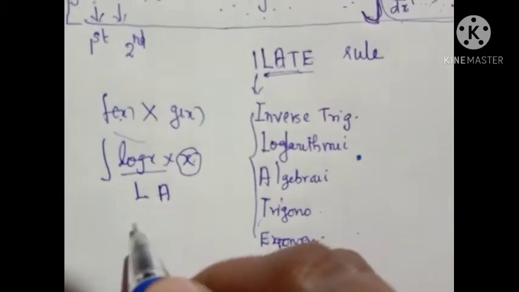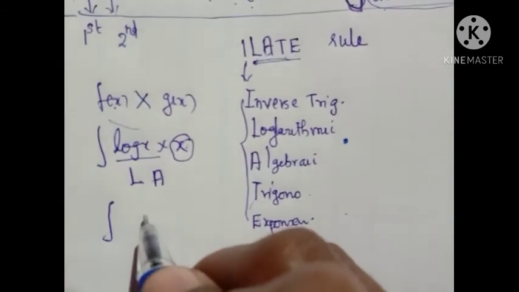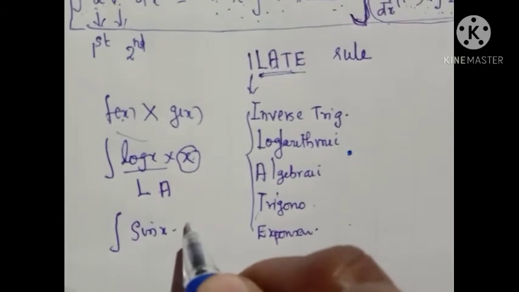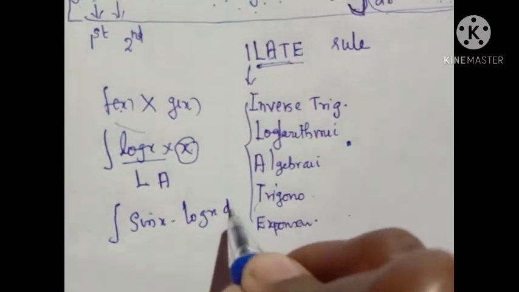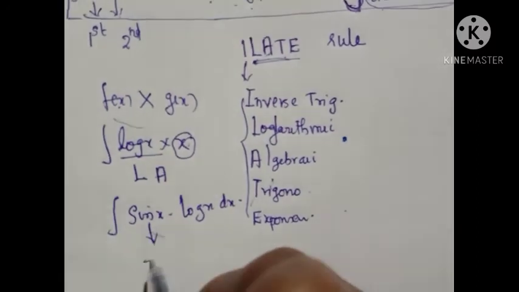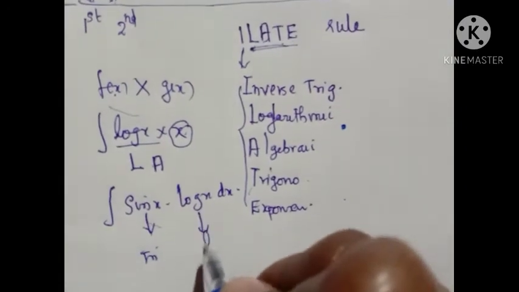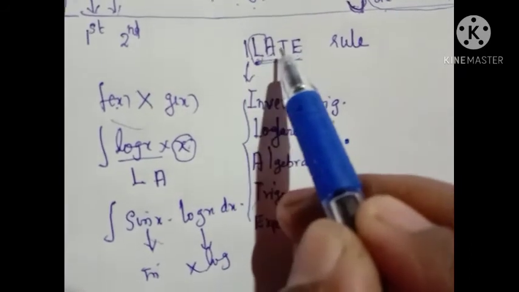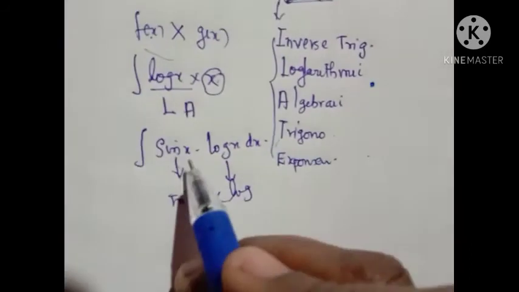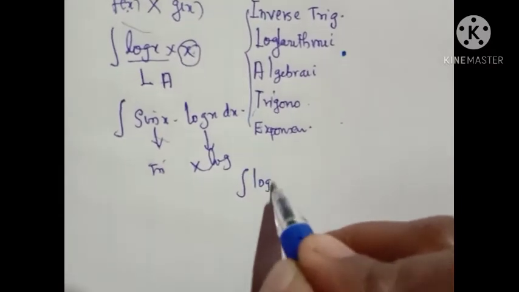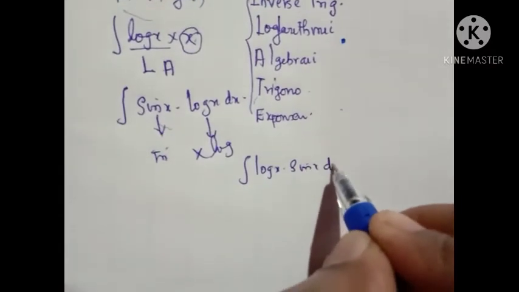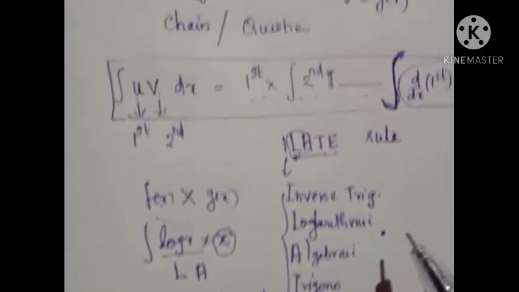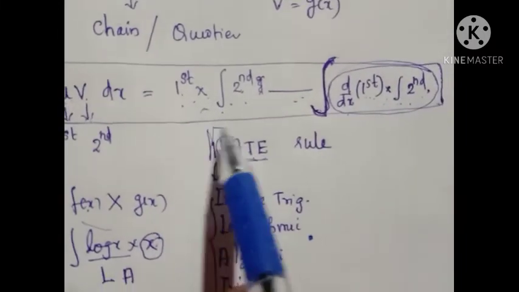Similarly, for sin x into log x, sin x is trigonometric and log x is logarithmic. So as per the rule, first we write logarithmic, then trigonometric, so we rearrange this as the integral of log x into sin x dx. In this manner, we can integrate by parts. So learn this formula by heart and keep in mind the ILATE rule.